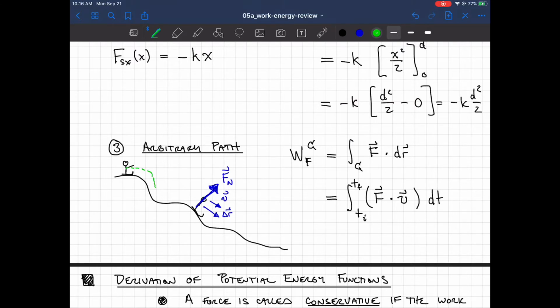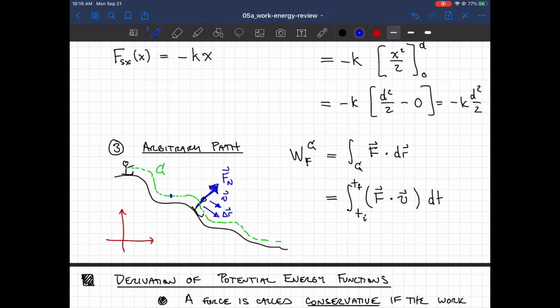So the way that you do this in general, and we're not really going to do it in an exact calculation, is you determine a path here, and you say that path can be represented by a position vector over time.